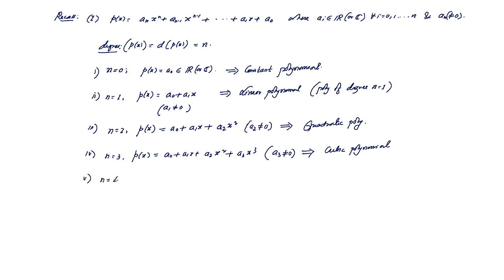And if n equals 4, so p(x) equals a0 plus a1x plus a2x square plus a3x cube plus a4x to the power 4. This is a biquadratic polynomial. So based on the degree, we have different names of the polynomial: constant polynomial, linear polynomial, quadratic, cubic, biquadratic, and so on.